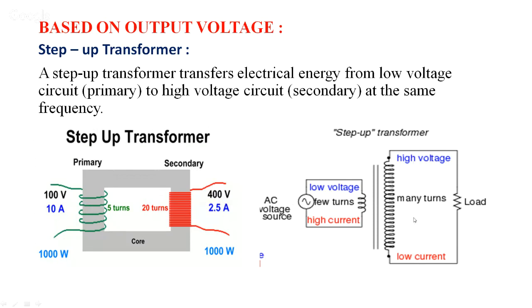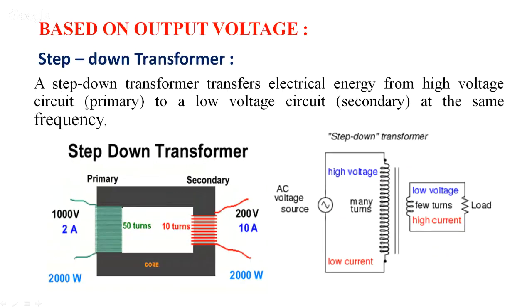On the secondary side, it has high voltage, more number of turns and low current, and the secondary is connected to the load. Now this is how a step-up transformer is going to be represented. So lesser voltage is increased to higher voltage. A low voltage on primary and a high voltage on secondary is obtained in case of a step-up transformer.